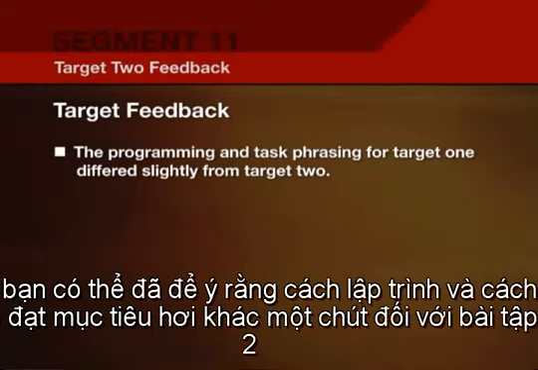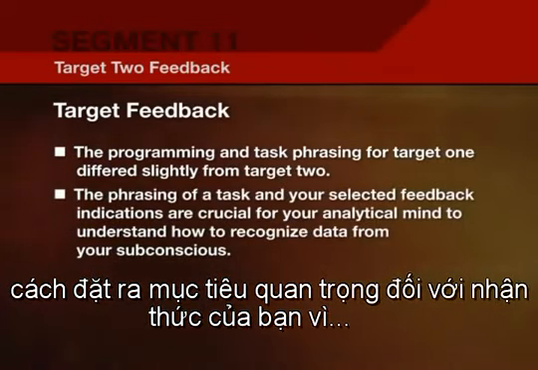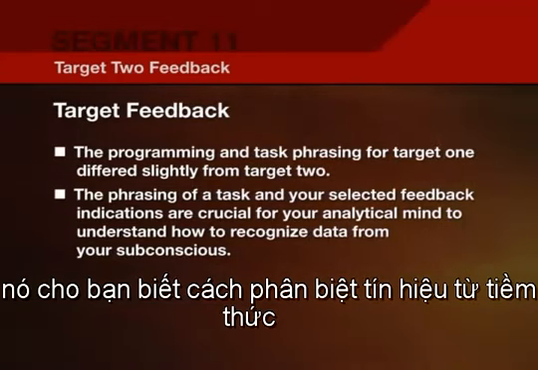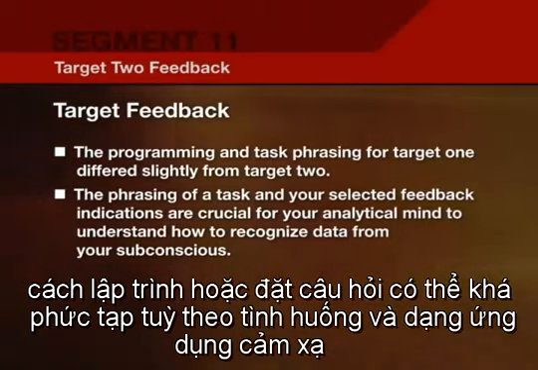You may have noticed that the programming and task phrasing for Target 1 differed slightly from Target 2. The phrasing of a task and your selected feedback indications are crucial for your analytical mind to understand how to recognize data from your subconscious. The different methods utilized to set up tasking and define programming indications can become quite complex and is mostly dictated by the dowsing situation.